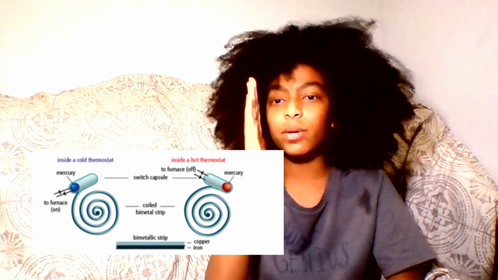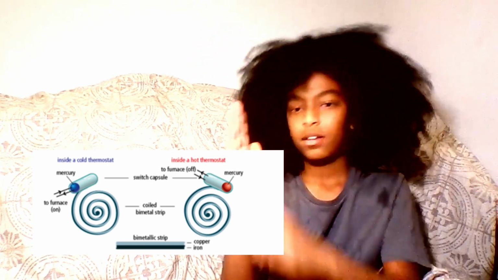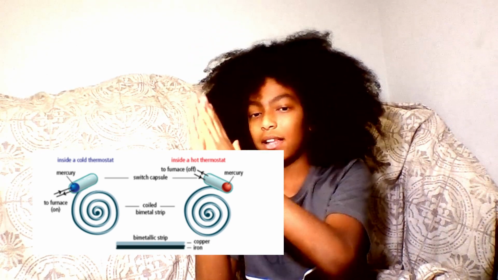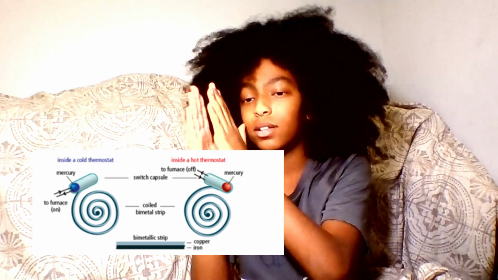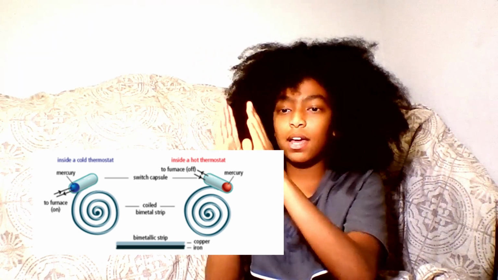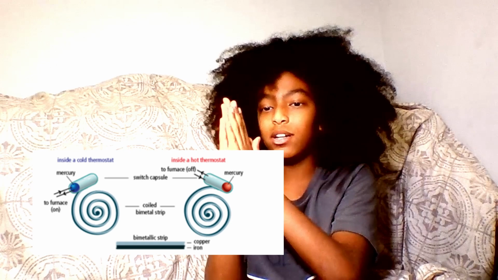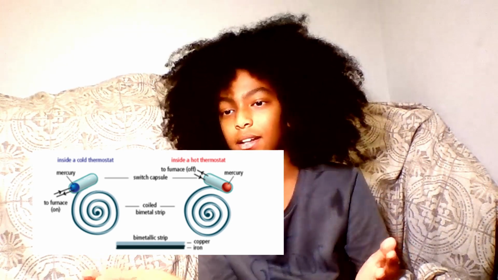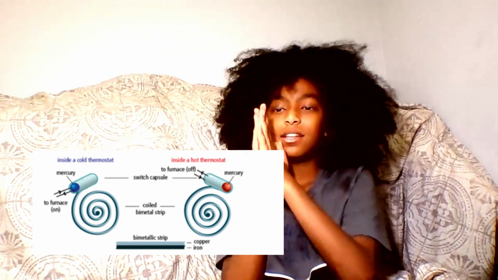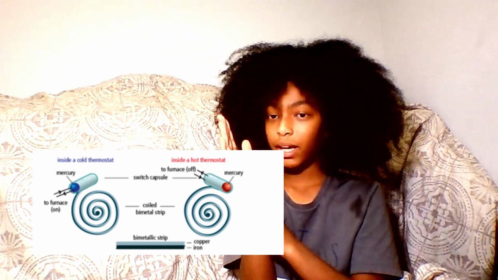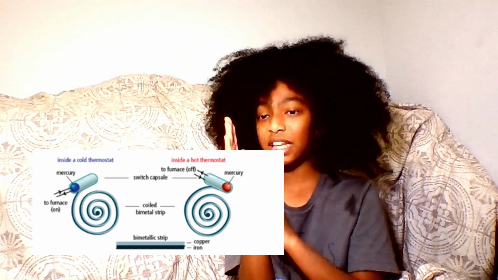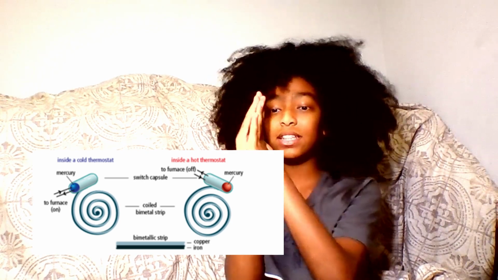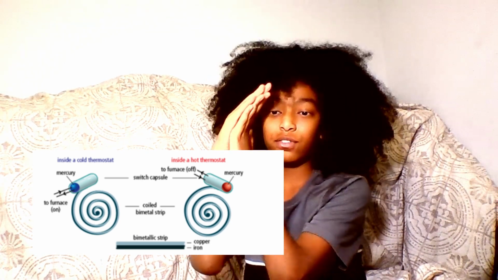So if this one was the one expanding more, and this one expands at a higher temperature, but this one expands at a lower temperature, it's still heated, but this one will expand more because it doesn't require that much heat to make it expand, and when it does expand like this, it curves.